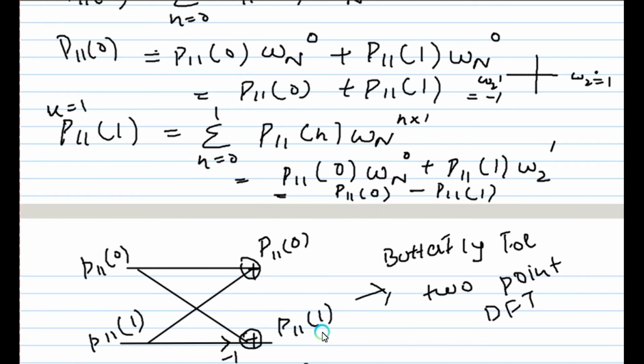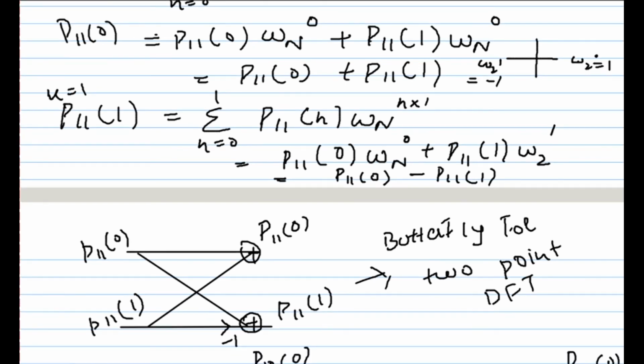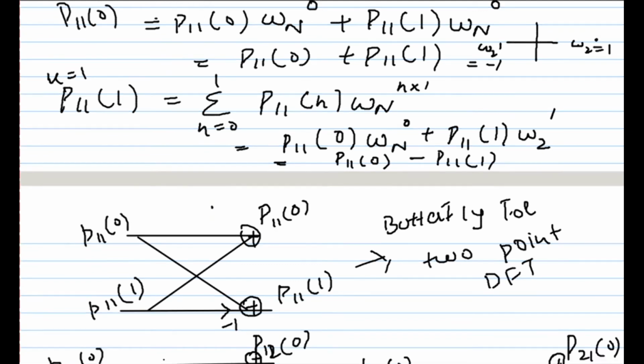So P11 of 1 is equivalent to P11 of 0 minus P11 of 1. Fine. So this is the 2-point butterfly for the 2-point DFT. Similarly, since we have 4, we have to find out four 2-point DFTs. Well, this is for one of them. The rest of the 3 will be similar. The flow will be similar.